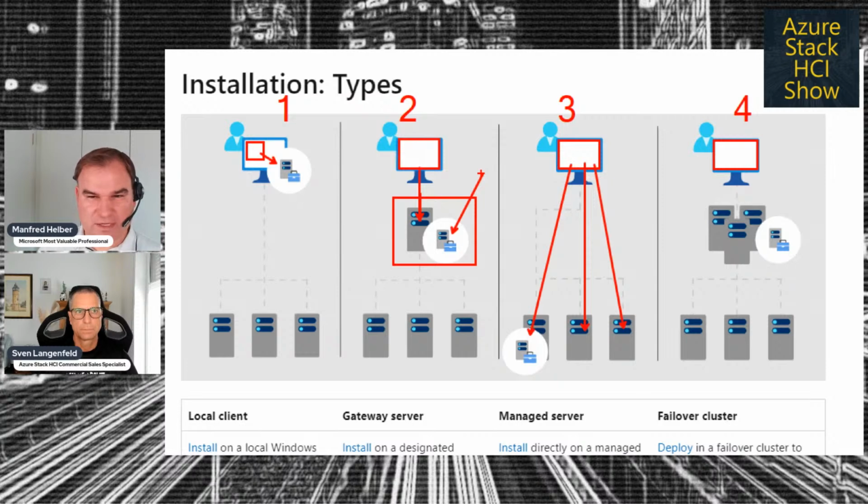There's an interesting technical question about this for those that already know Windows Admin Center. Usually, it's not possible to install Windows Admin Center on a domain controller. So we can install it on Azure Stack HCI hosts, on Hyper-V hosts, on file servers, but not on a domain controller.